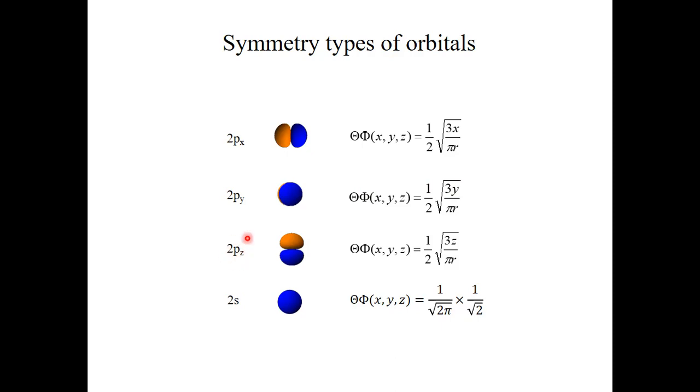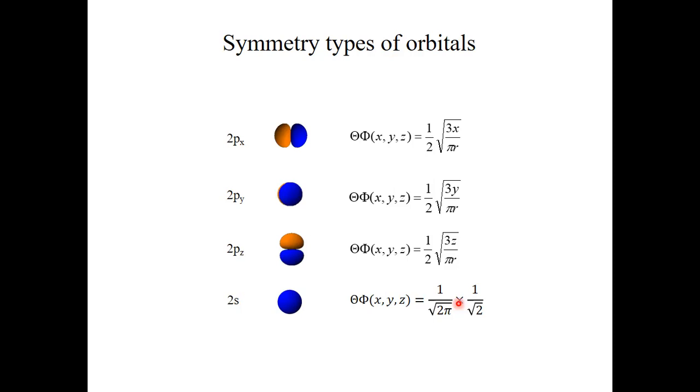Now, the 2pz orbital is a linear function of z, which explains why it's A1. And the 2s orbital has no coordinate in its angular part of the wave function. So generally, any function which is not a function of a coordinate always has the symmetry type which is totally symmetric.